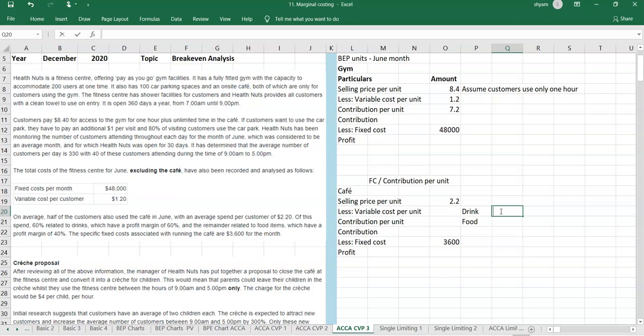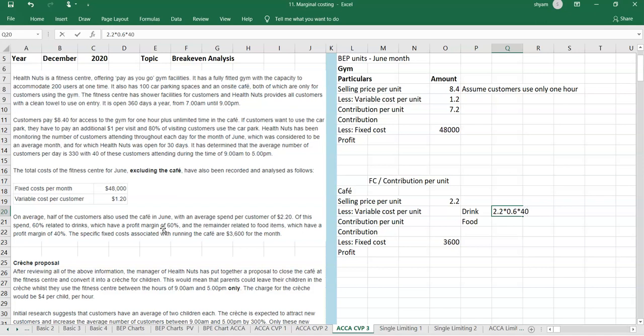So of this 2.2, what we want now is the variable cost. Of this 2.2, 60% is for drinks. 60% of people are drinking, and this gives a margin of 60%. That means the variable cost should be 40%.